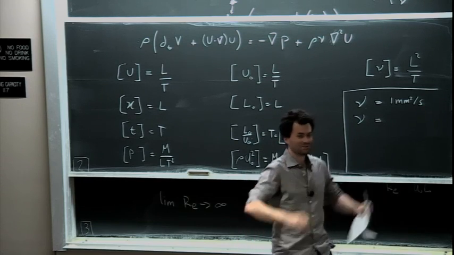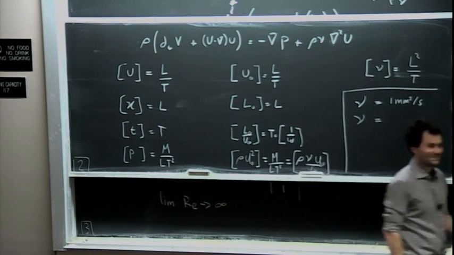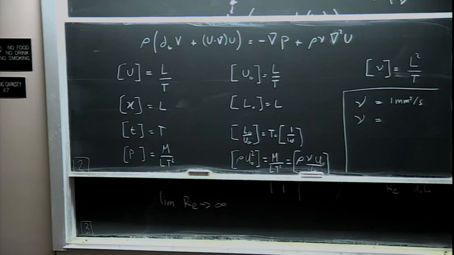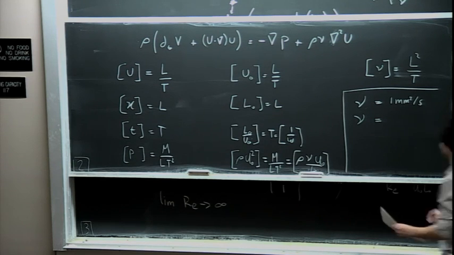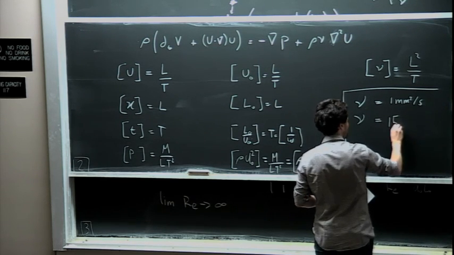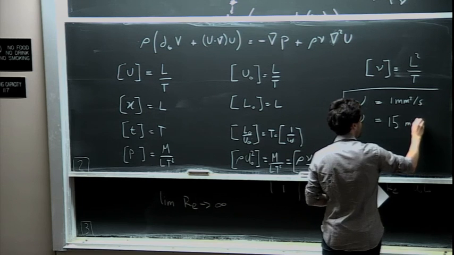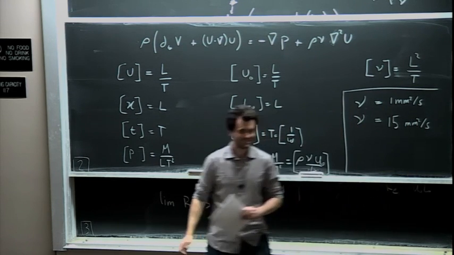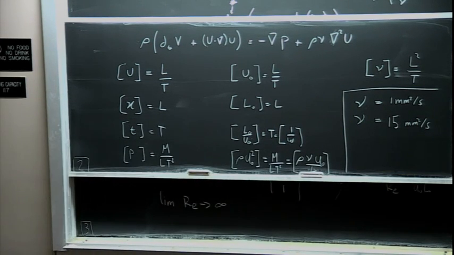This one you can actually estimate from first principles. 10 to the minus 4? I'm getting varied answers, but they're all 10 to the minus a lot. It's almost the same. It's 15 millimeters squared per second.